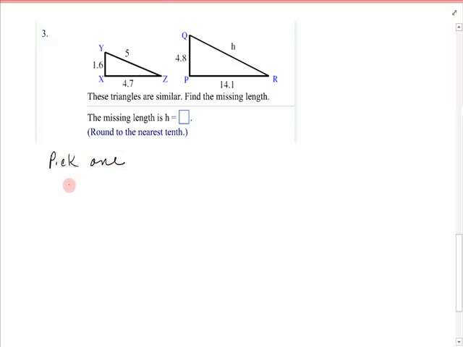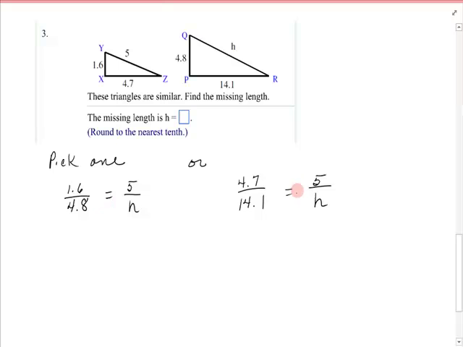You can say 1.6 is to 4.8 as 5 is to h. That's one way. Or you could say 4.7 is to 14.1 as 5 is to h.